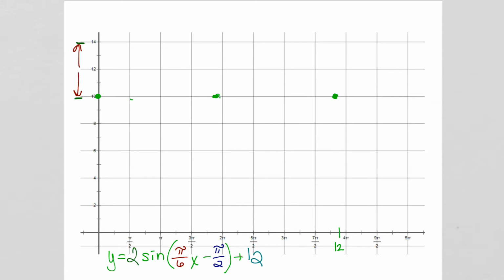Something like that. So we've got there, and then up, and then down. So there would be 1 year. Okay. And that finally concludes our section on phase shift.